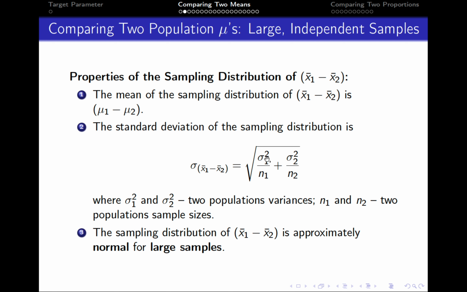We take the square root of population variance 1 divided by sample size 1, plus population variance 2 divided by sample size 2. And we also assume that the sampling distribution of the difference between two sample means is approximately normal for large samples.